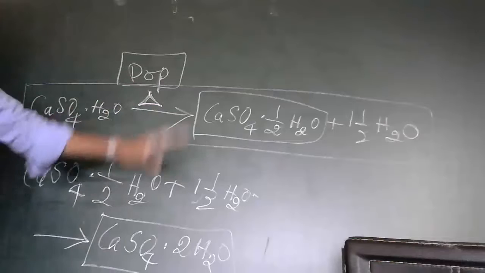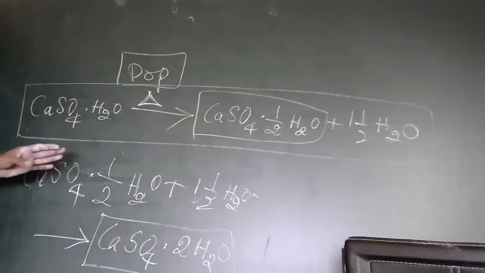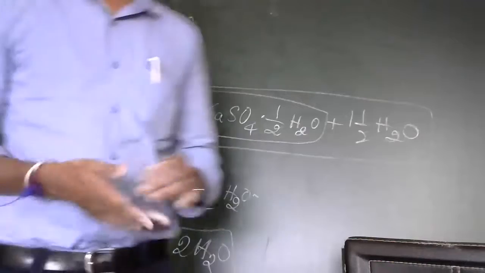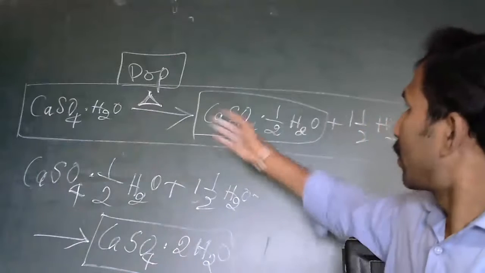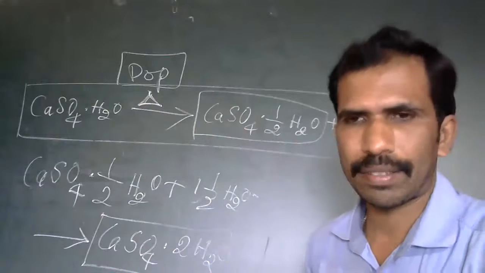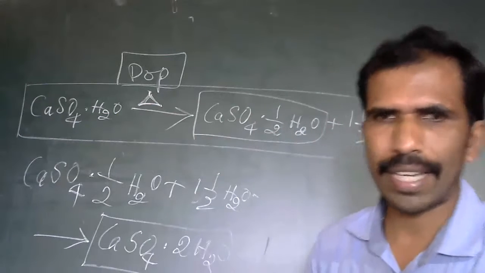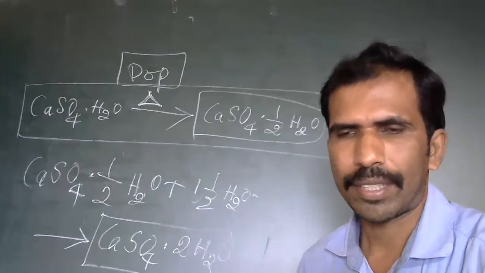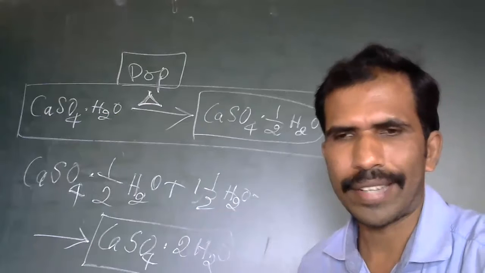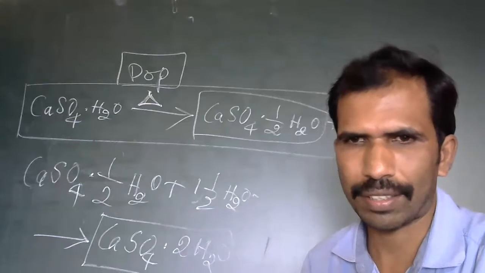So this is how POP is produced. During the making of a statue, molds will be there. This calcium hemihydrate is made into a semi-solid paste, and that paste is put into molds. Later on, it becomes a hard structure.